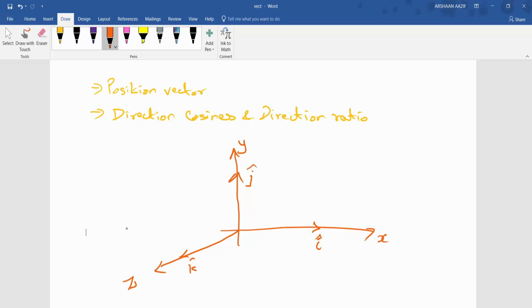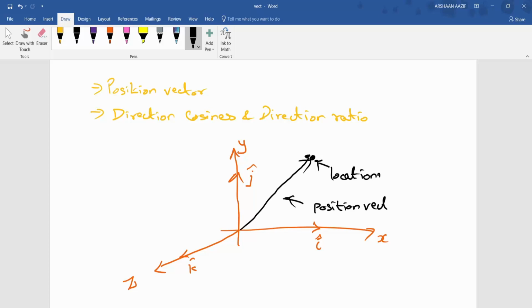Now when I have a point in three-dimensional space which is connected by a vector, this denotes the position vector. That is, it denotes the position, the location of a particular body.